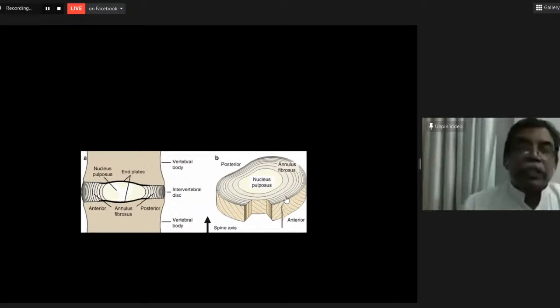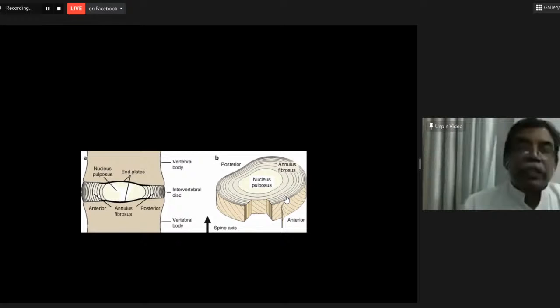At some movements of the spine, this can reach several times the body weight in pressure. So you have to understand that the annulus fibrosus holds the nucleus pulposus in place and the disc, so that the integrity of the spinal column is maintained.